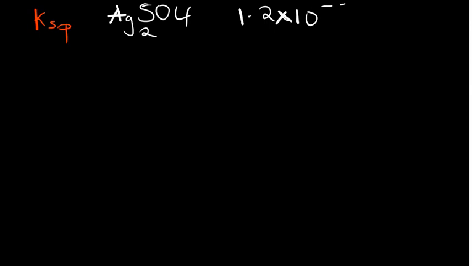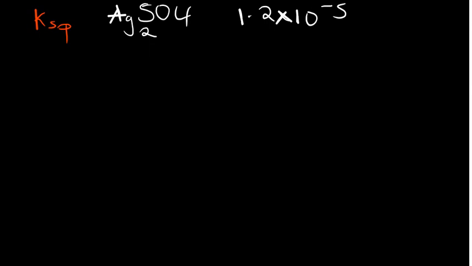So our Ksp value of this solid that we're calling silver sulfate is 1.2 by 10 to the power negative 5. That is our value of the Ksp there.